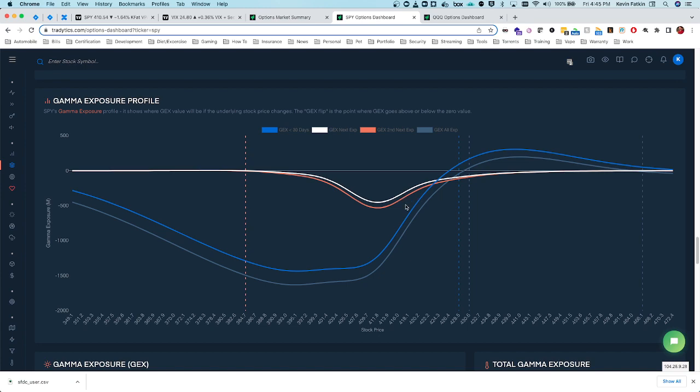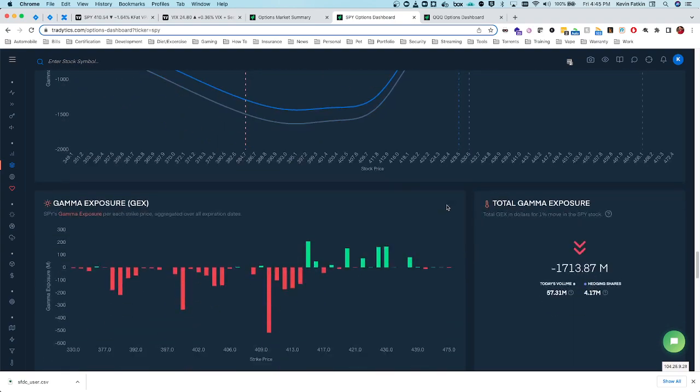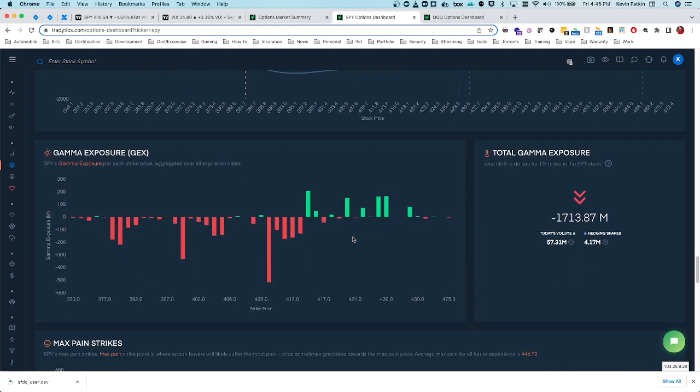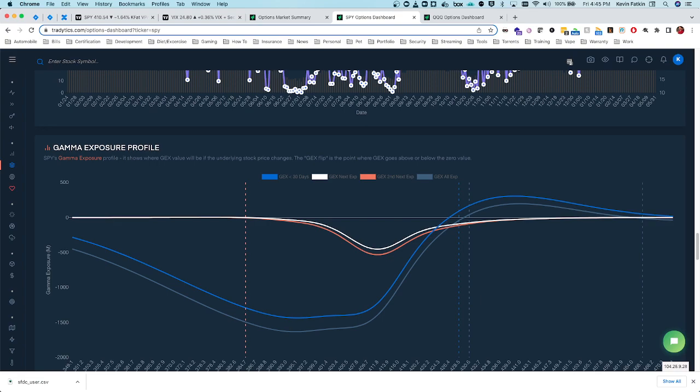It could easily be disrupted right after the 17th. So it's important to check this stuff every single day to see where we're at, where the gamma flips might occur, and where the gamma exposure levels are. That can help you make really wise decisions when you are reading price action.